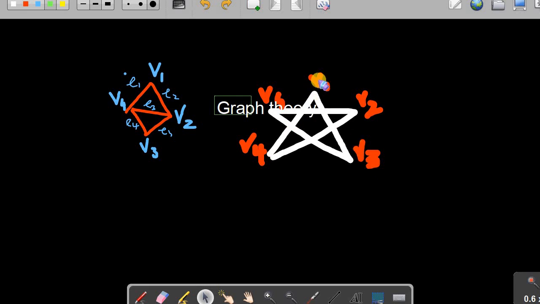Take for example V1 and V3 joined like this, and V3 to V5, V5 to V2, V2 to V4, and V4 to V1. So this is also a picture consisting of vertices and edges. The lines joining the vertices are called edges.